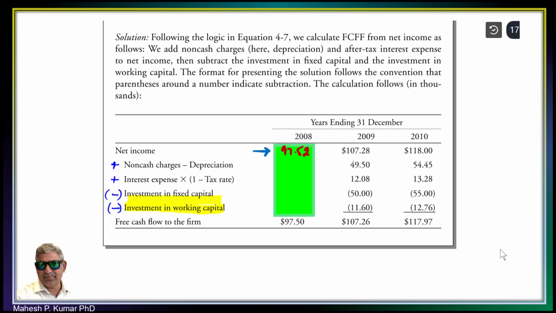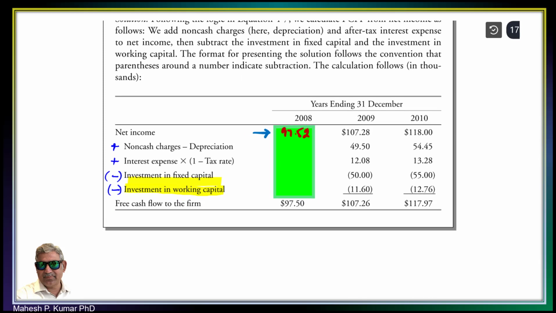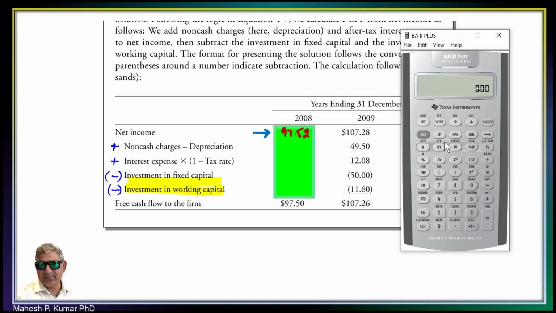Let us now calculate free cash flow to the firm from net income. We will recall the first number, which is net income, 97.52, which we got from the income statement, and then we add non-cash charges.